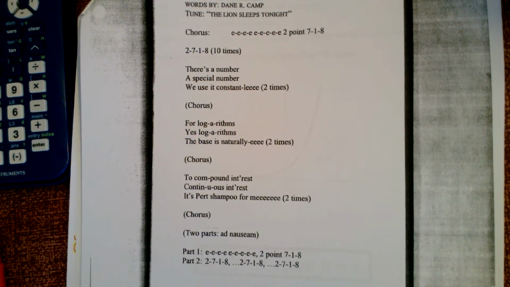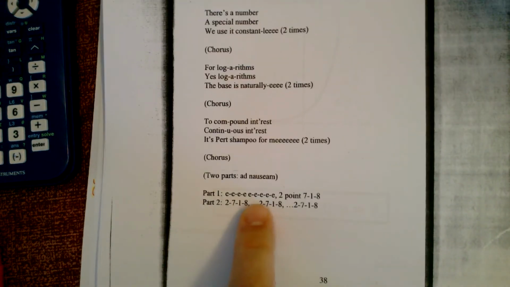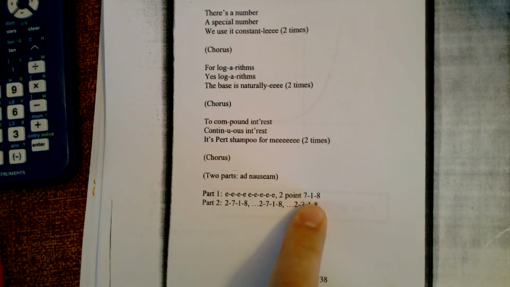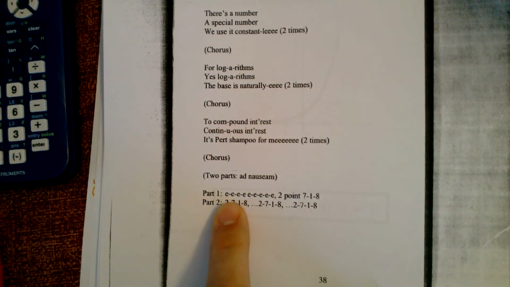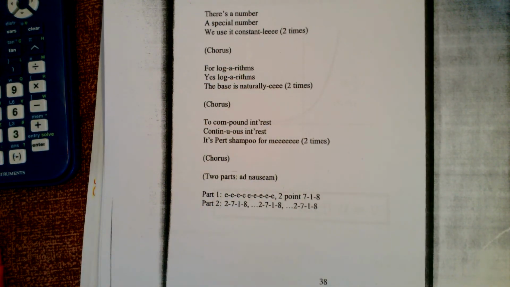Oh, to compound interest, continual interest, it's PERT shampoo for me. E, 2.718.